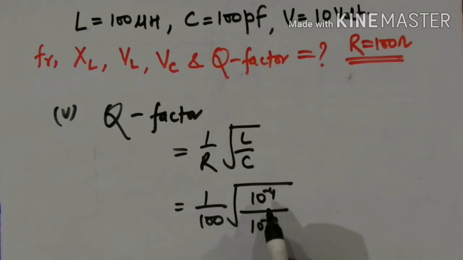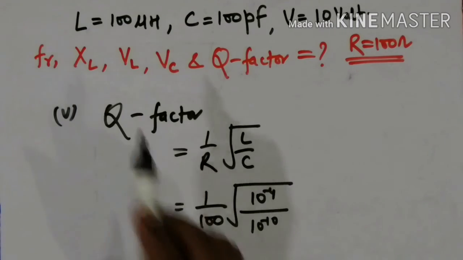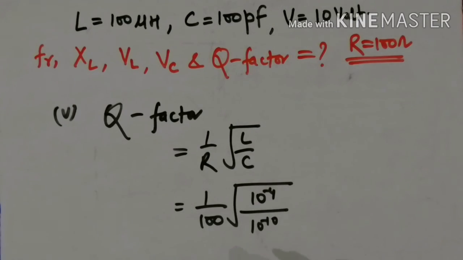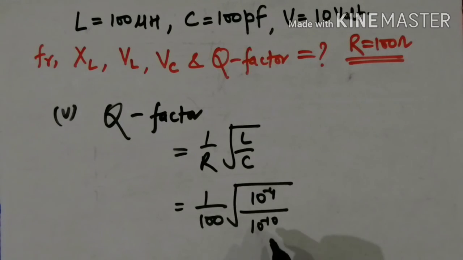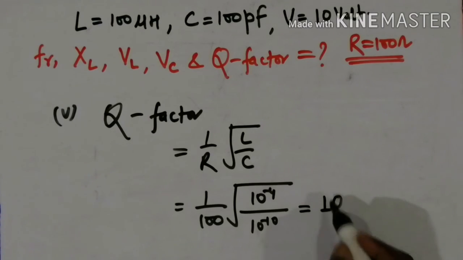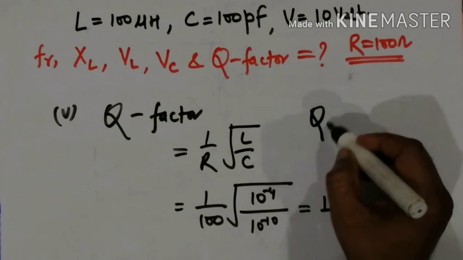Why it is 10 to the power minus 4? It is 100 into 10 to the power minus 6, it becomes 10 to the power minus 4, and it is 10 to the power minus 10, that is 100 into 10 to the power minus 12, it becomes 10 to the power minus 10. After solving it, the value of the quality factor is 10.